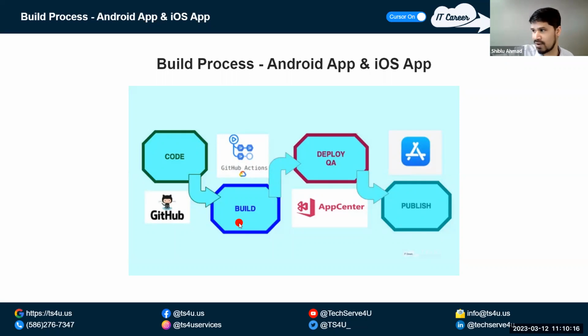I'm not talking about the details. All I'm saying, end of the day, an electronic device only understands 0 and 1. Okay, so an electronic device does not understand anything else. Computer understands either 0 or 1. So build is important.